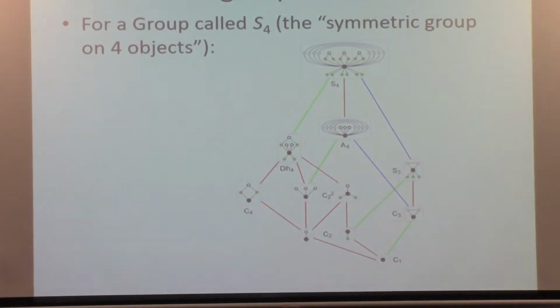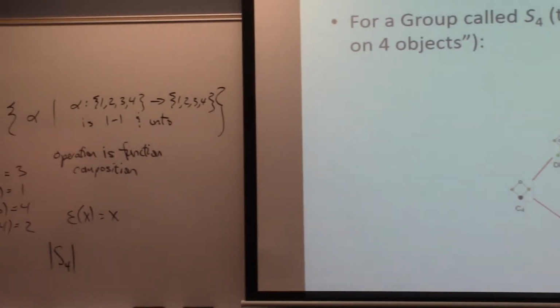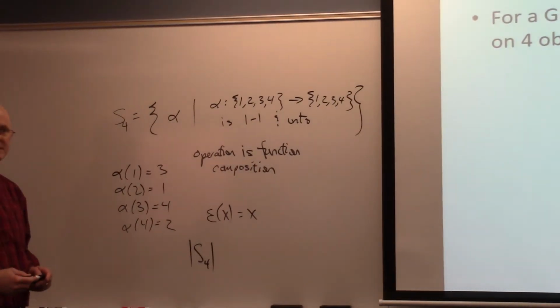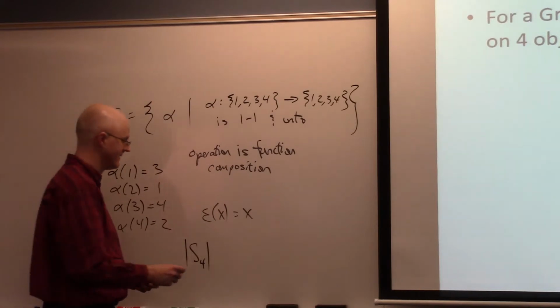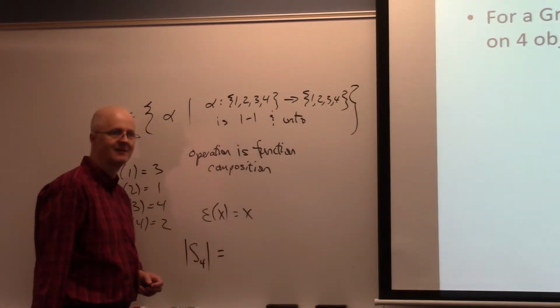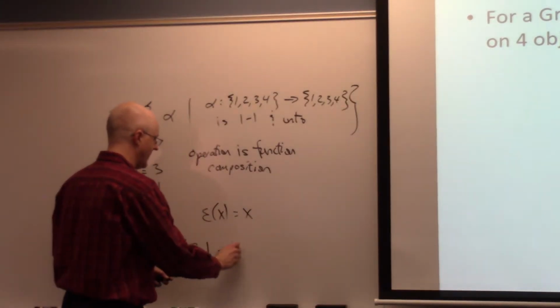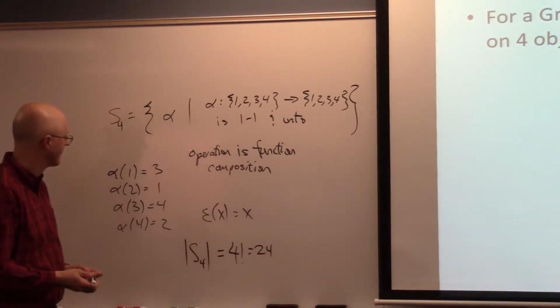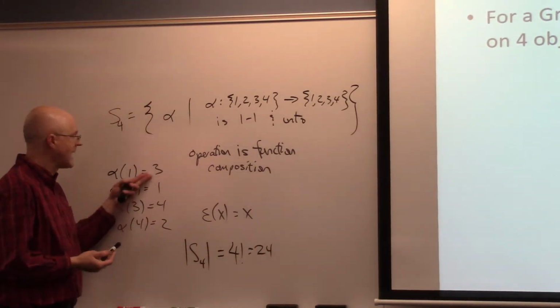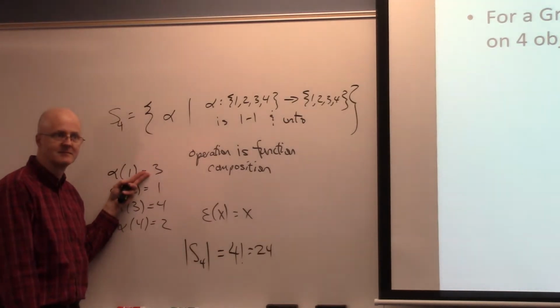How many elements does S4 have? What's its order? This is related to discrete math too. 4 factorial. 4 factorial, right. 24 elements. Because for the first output, you've got 4 choices.